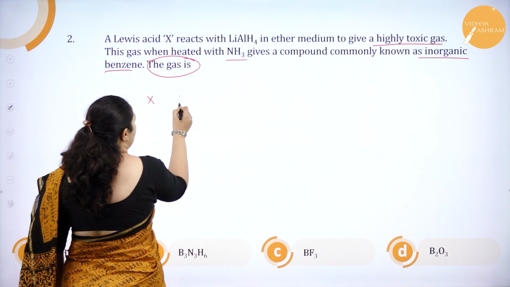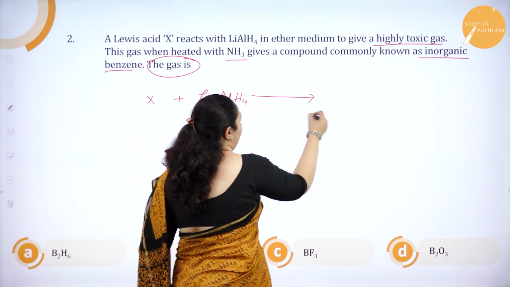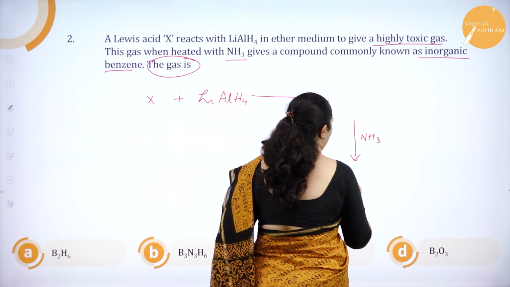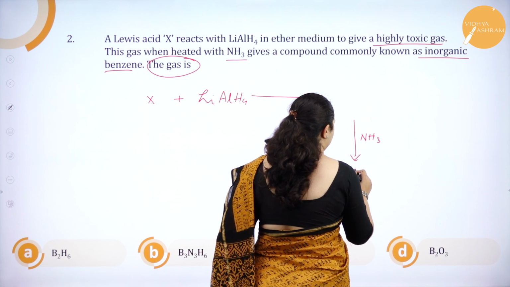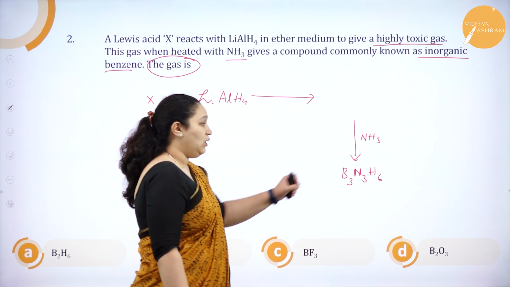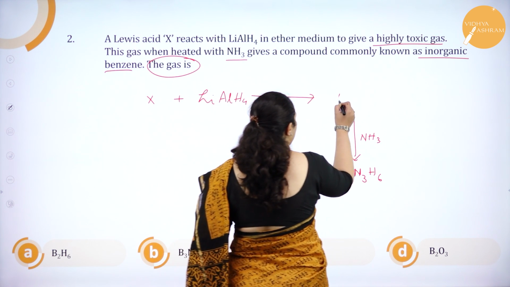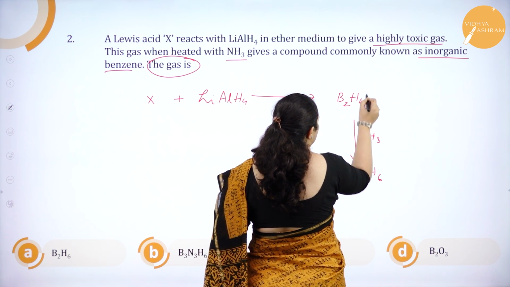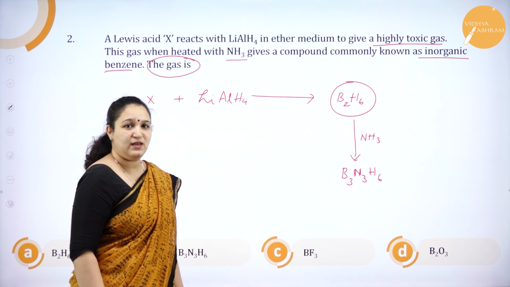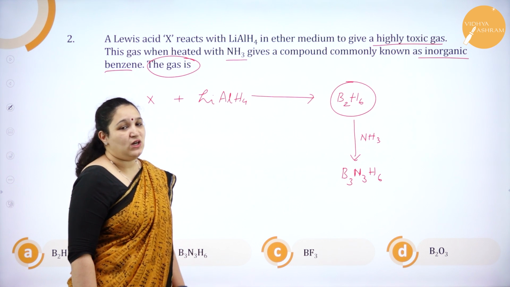So, we have X reacting with lithium aluminum hydride to give a toxic gas. That gas when it reacts with ammonia will give B3N3H6. So, we know the reaction which gives inorganic benzene, that is B2H6. So, is B2H6 or diborane toxic? Yes, that is the one which is the correct answer. It's a gas which is toxic.